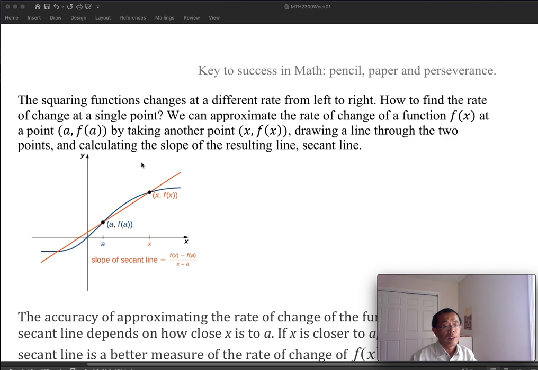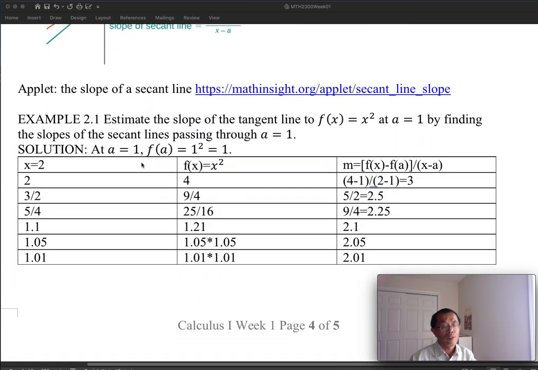And then, in the actual calculation, this is what I did. We are considering the situation at a fixed point, x equals 1 or a equals 1, and y is also 1. y is 1 squared, y equals x squared, so that's 1 again. To consider the slope of the tangent, we can choose a point not too far away.